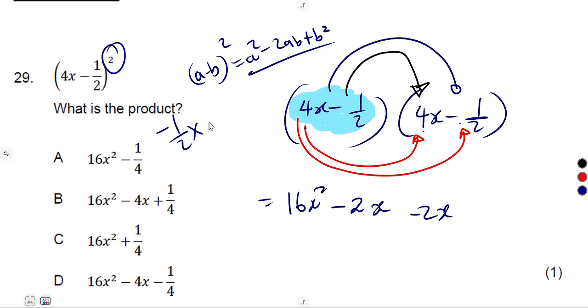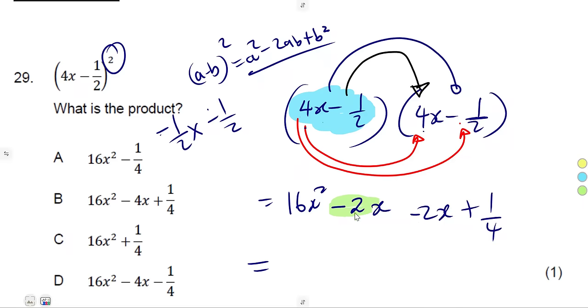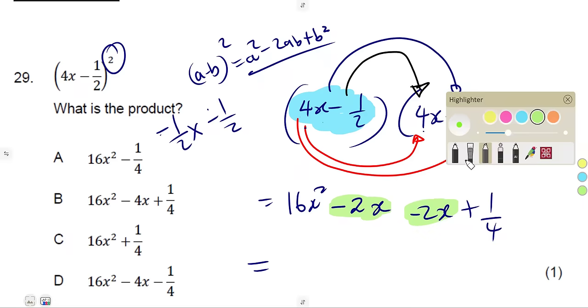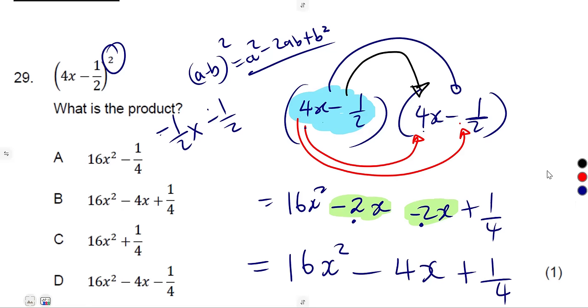Minus 1 over 2 times minus 1 over 2, negative times negative, that's what? Positive 1 over 4. The x terms, minus 2x and minus 2x, are like terms. So it was going to give us 16x squared minus 2 minus 2, that's what? Minus 4x plus 1 over 4.